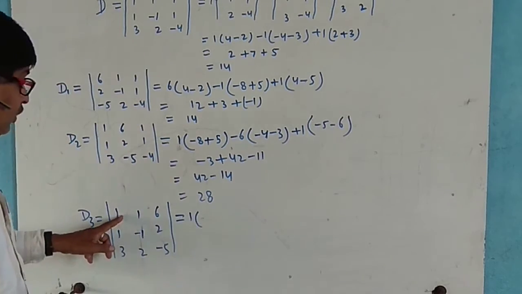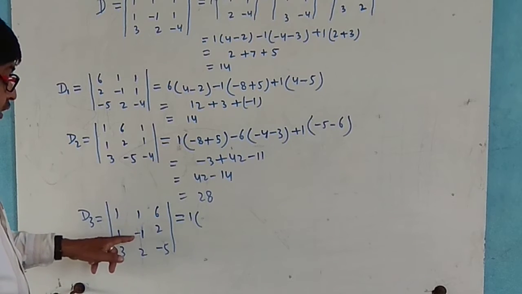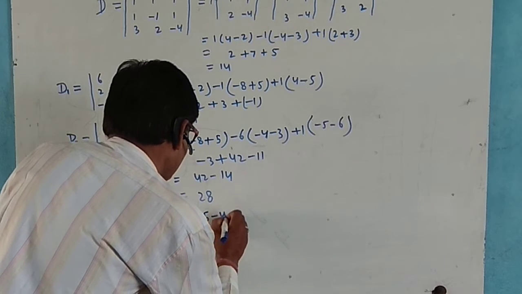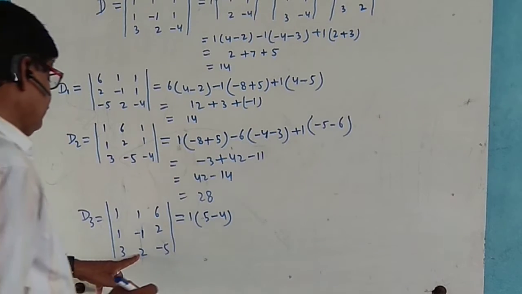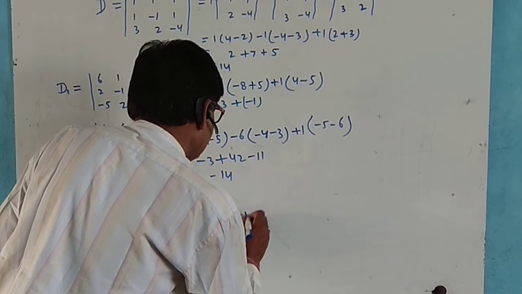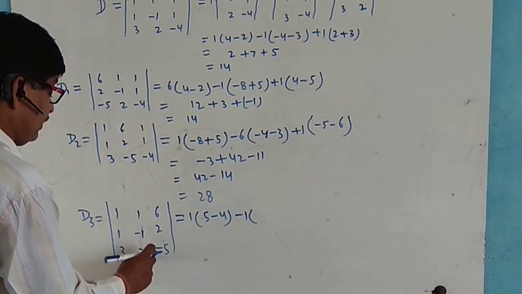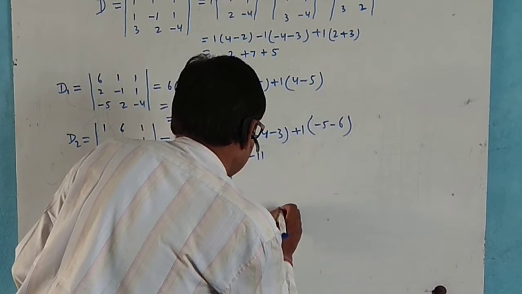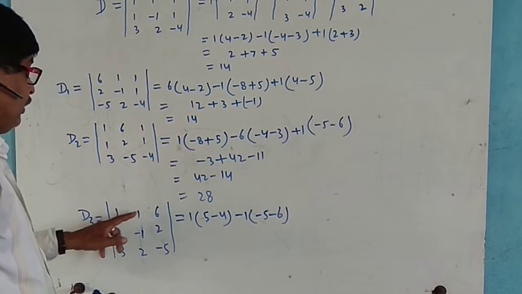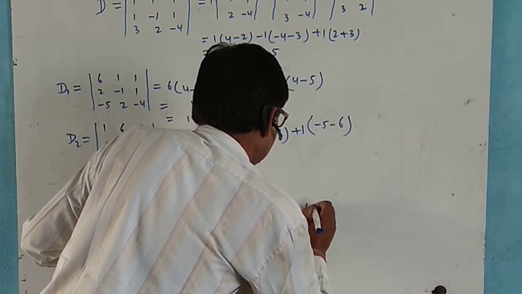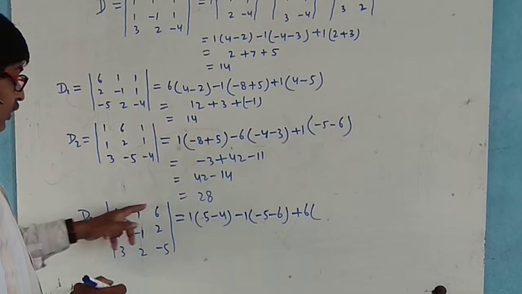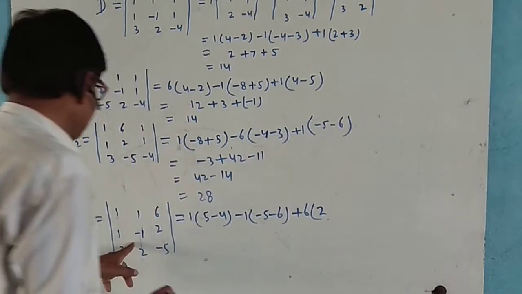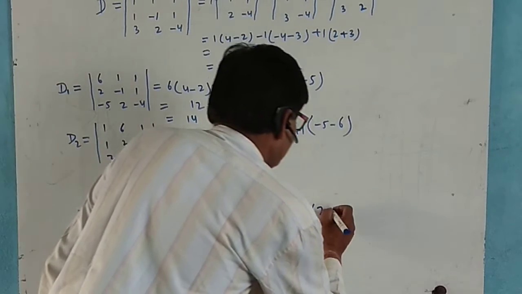Here 1, deleting its row and column, is 5 minus 2 times 4, 5 minus 4, plus minus 1, deleting its row and column, 5 minus 3 times 6, minus 5 minus 6, plus minus plus 6, deleting its row and column, 2 and minus 3, and plus 3.